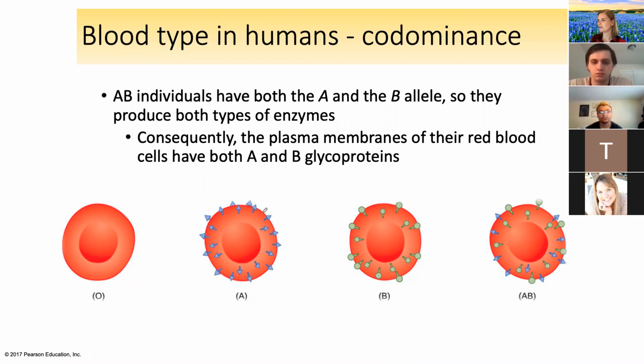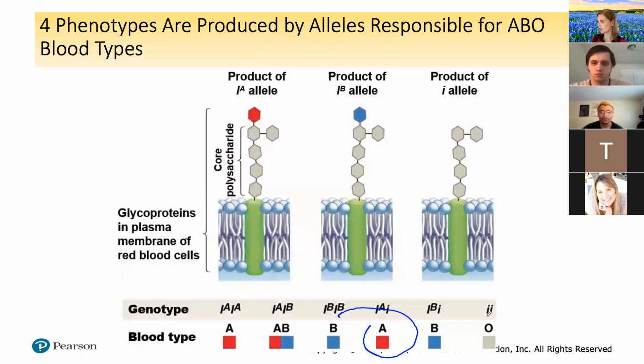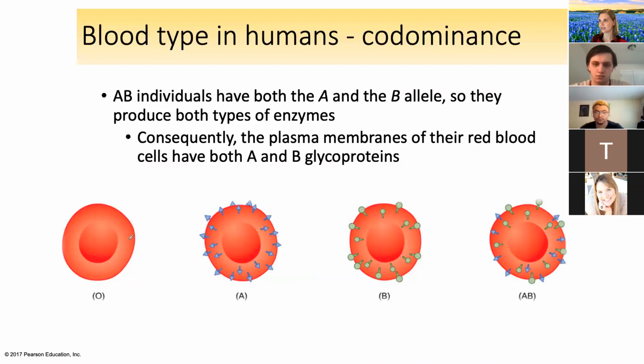And so if you have A and B glycoproteins, you look like this blood cell down here on the right. So you've got both of those types of proteins being expressed, whereas in O blood, you didn't inherit the allele for that, so you don't have any of those glycoproteins being expressed on your blood cells.